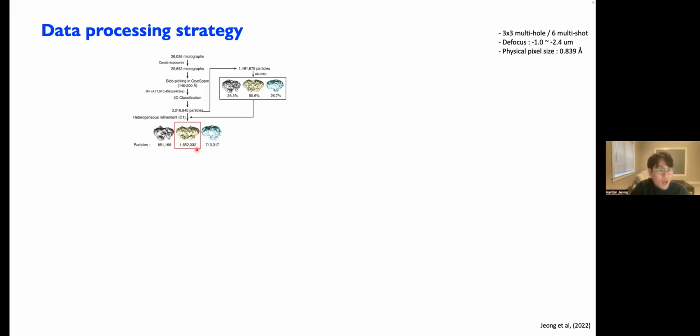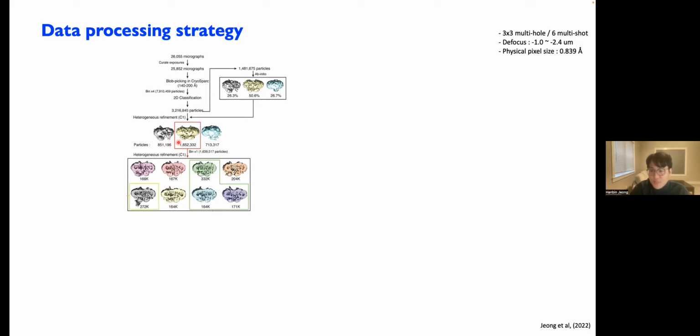And in this step, the probable monomer TMC1 complex, the detergent micelle and some junk particles were removed. So after that, 1.6 million particles were re-extracted from unbinned images. And then heterogeneous refinement using C1 symmetry was performed with 8 classes, and among them, these 3 good classes were selected.